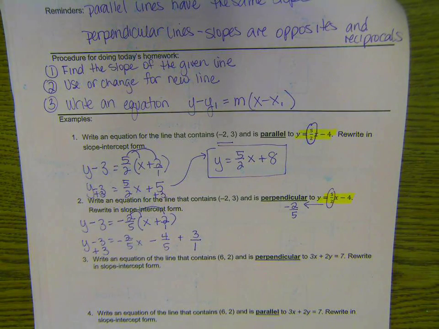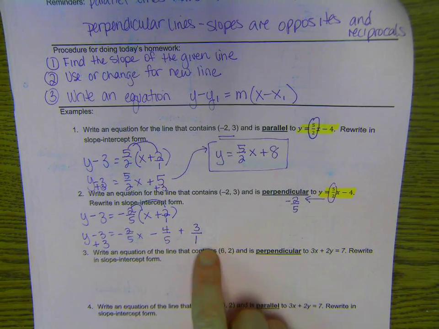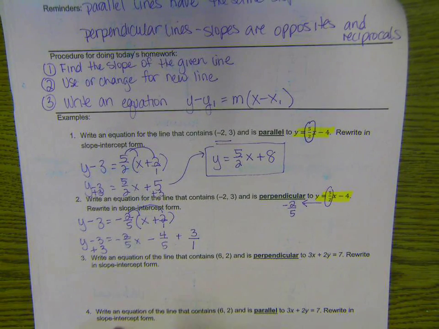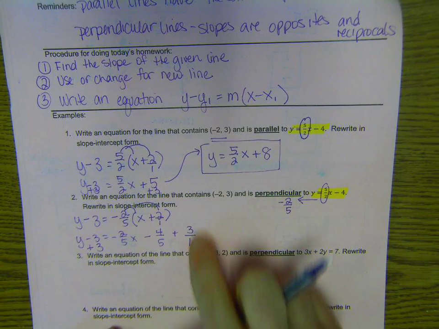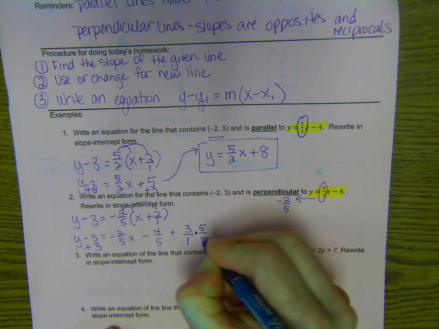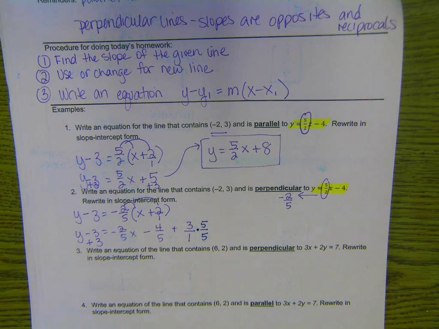What should I multiply 3 by? 5 over 5. What is 5 over 5? 1. Yep. So I'm doing a common denominator. Do you see that? All right.